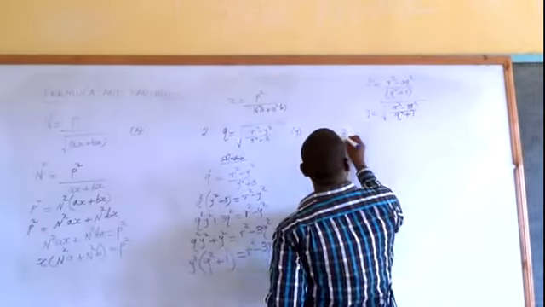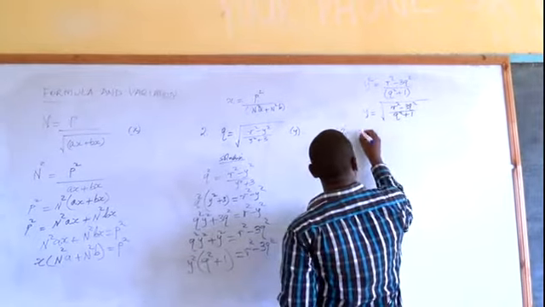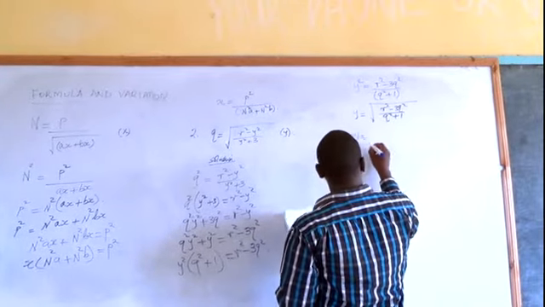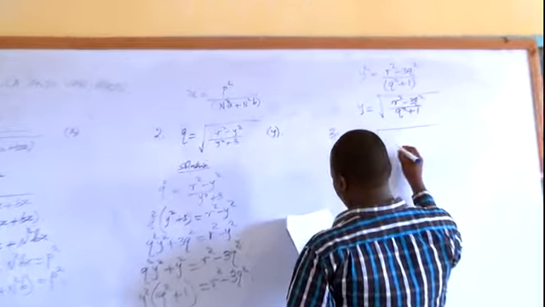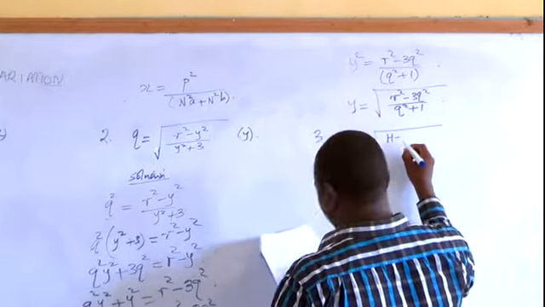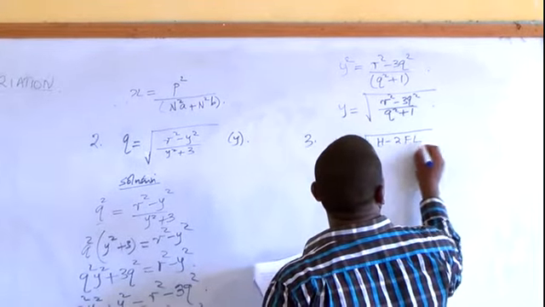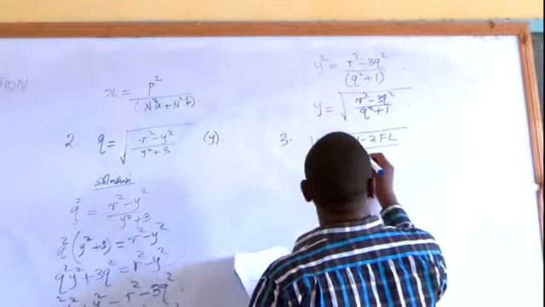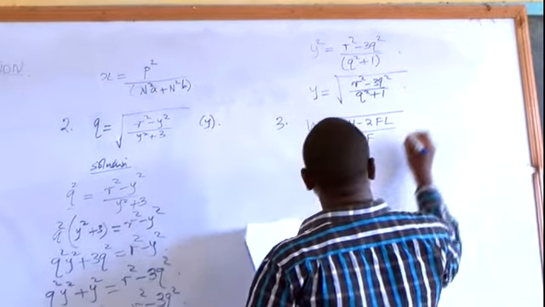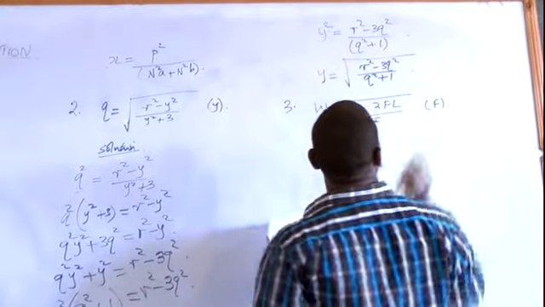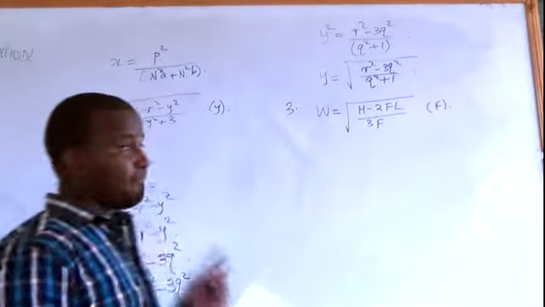Question 3. We are given w is equal to the square root of h minus 2fl, the whole of that over 3f, and we are supposed to make f the subject of the formula.